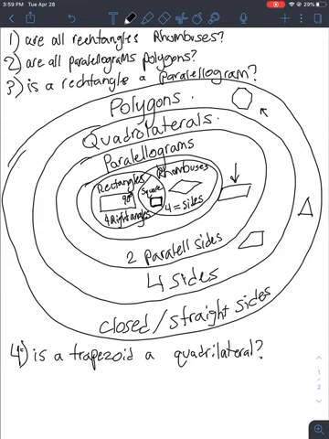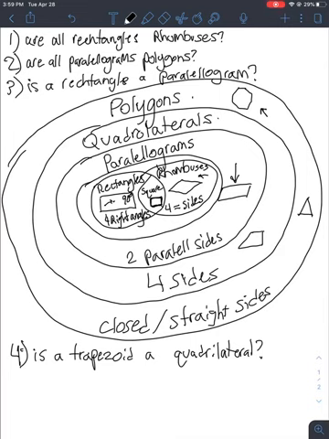All right, number 1, are all rectangles rhombuses? So if you got the answer no, then you are correct, because if we look for our rectangles, these right here, if you're looking at this shape, this is a rectangle, and a rhombus is over here, so that is in a different category altogether.